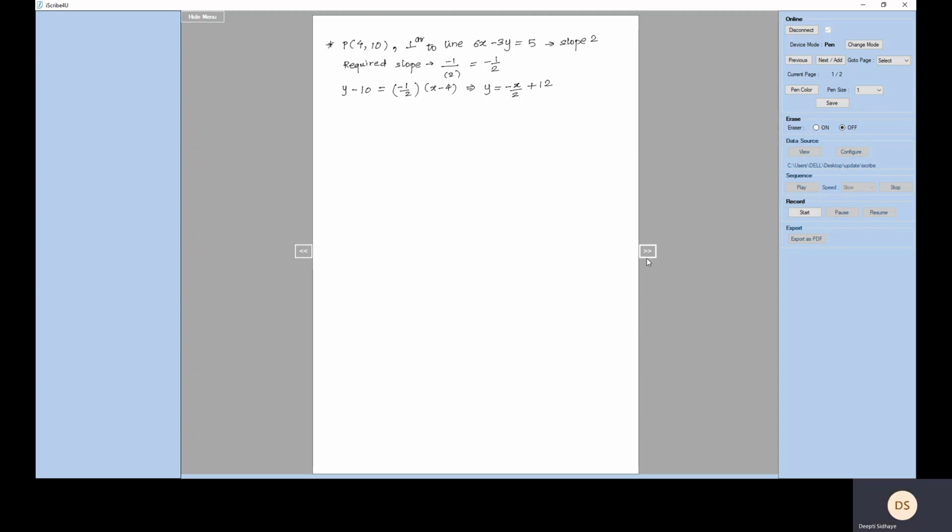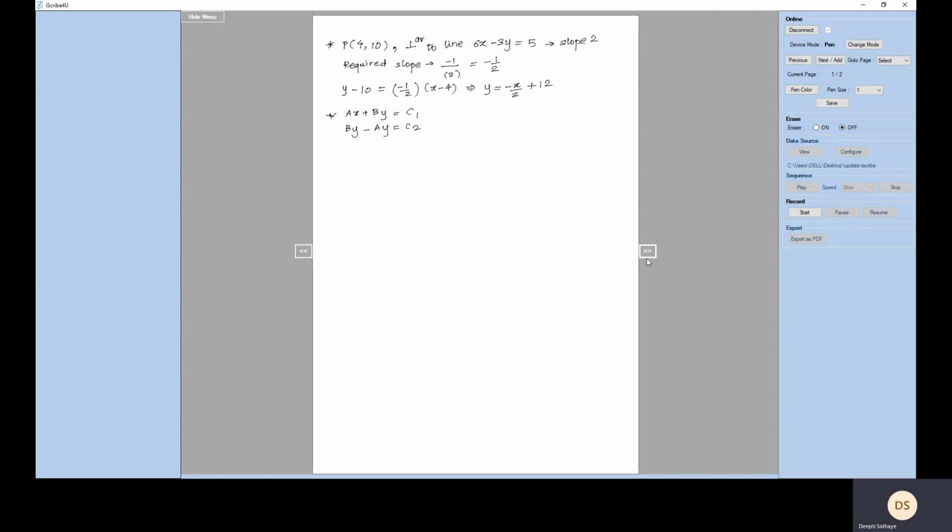Let's go to the next scenario. Here it is given that there are two lines, namely ax plus by is equal to c1 and bx minus ay is equal to c2.